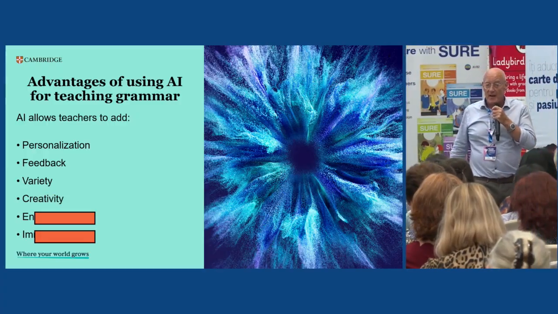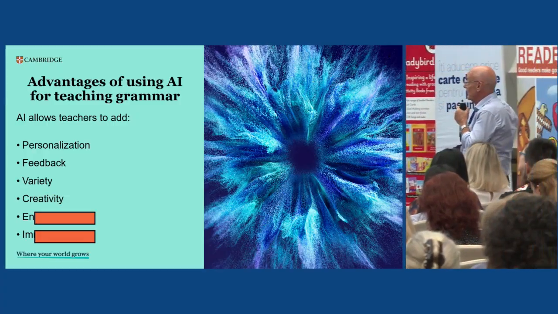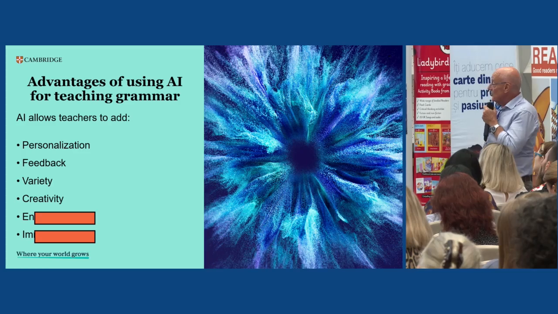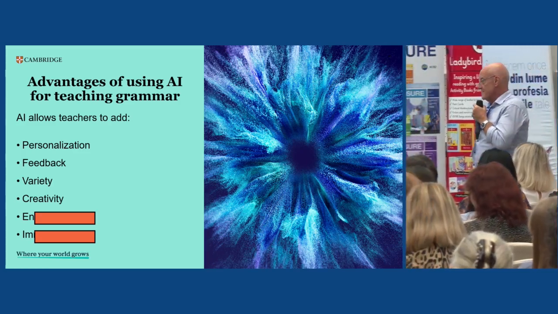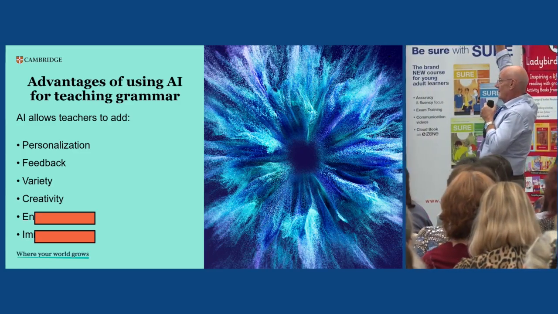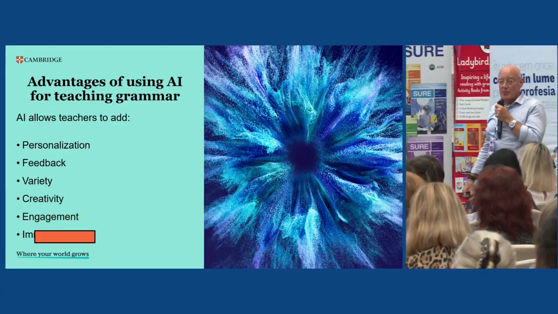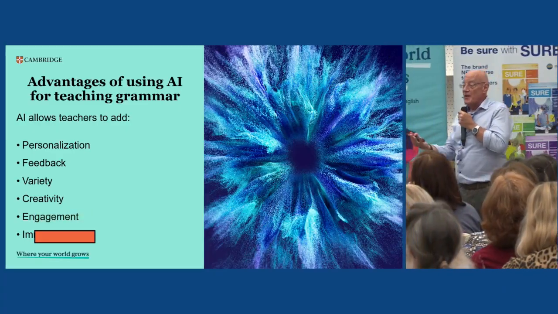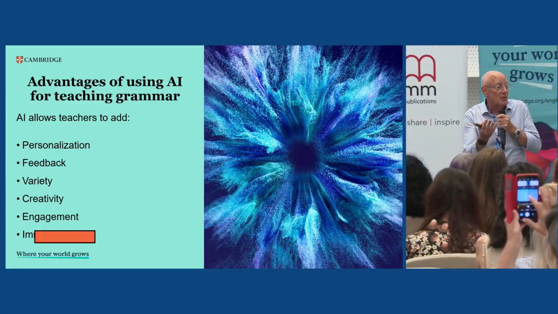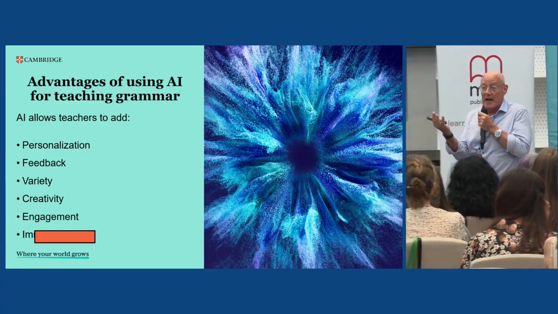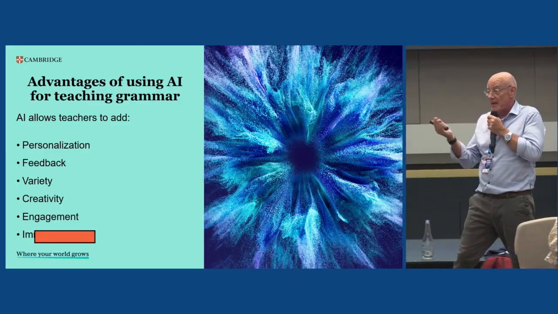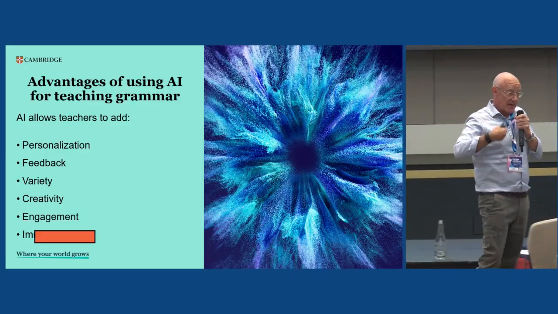Creativity. Yeah, and I think we'll see some ways in just a minute. AI allows teachers to add engagement. Students love anything that's digital, don't they? They love having a device in their hand, whether it's a phone or a tablet or whatever, but it engages students.